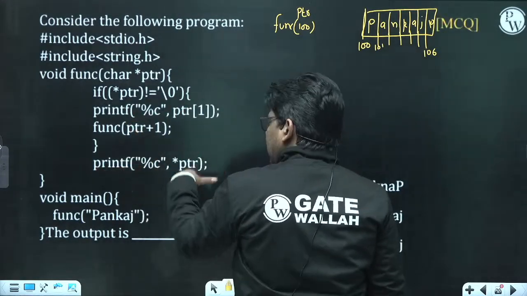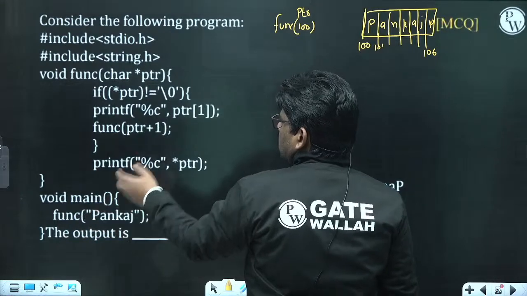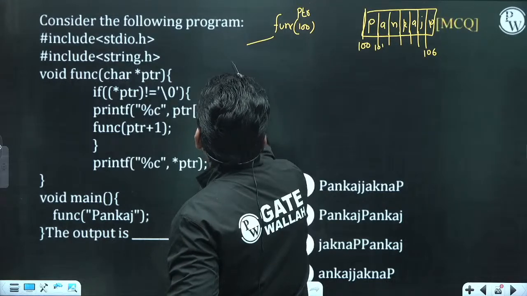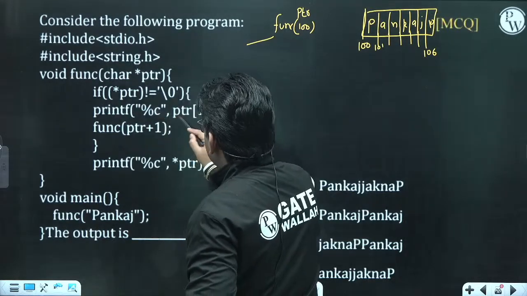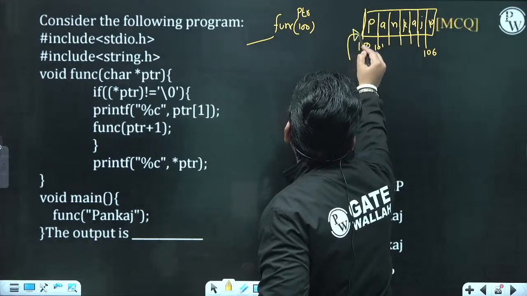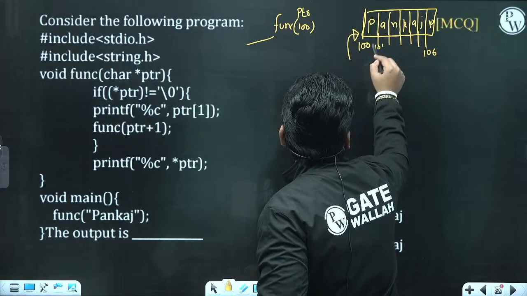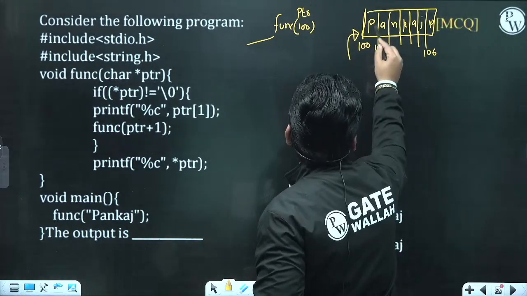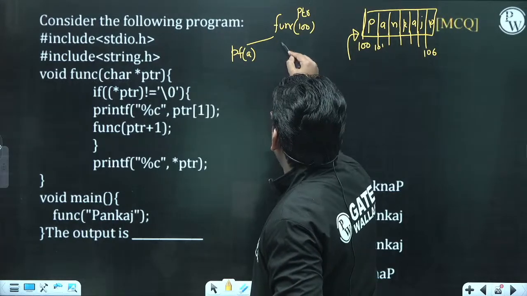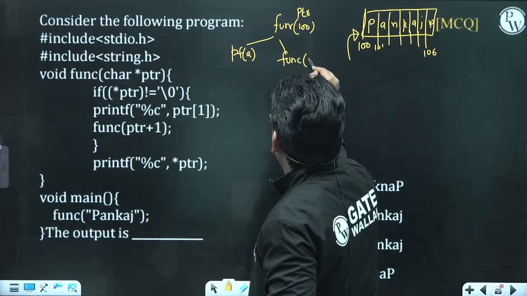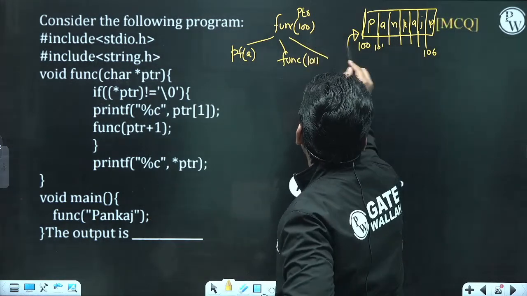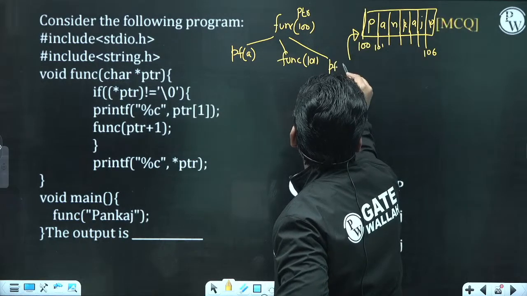But this printf will always execute. When the value of PTR is 100, we print the symbol at PTR plus 1, the next character. So first A would be printed, then func of 101 is called, and because of this printf, whatever character is at 100 would be printed, so P.